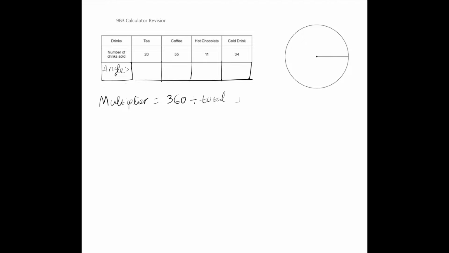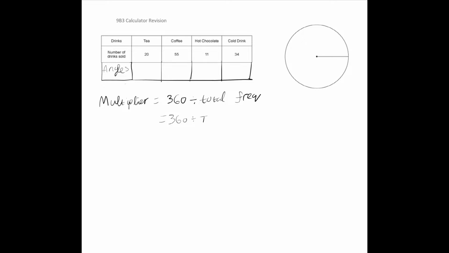So I want to make another row in my pie chart for angles. To work out the multiplier, I need to do 360 divided by the total frequency, which is, in this case, the total number of drinks sold.